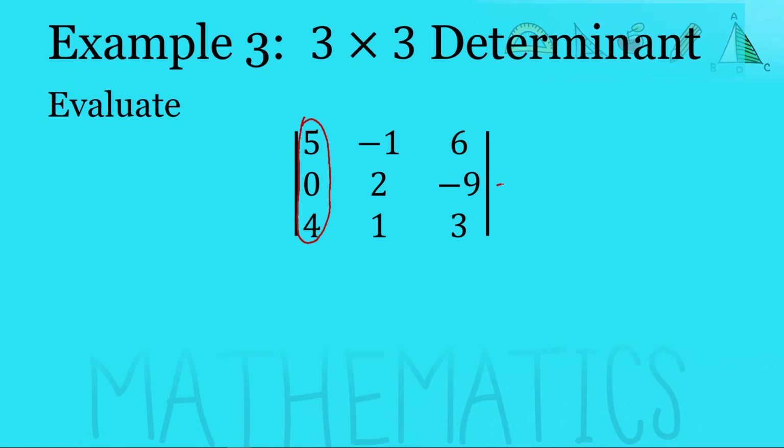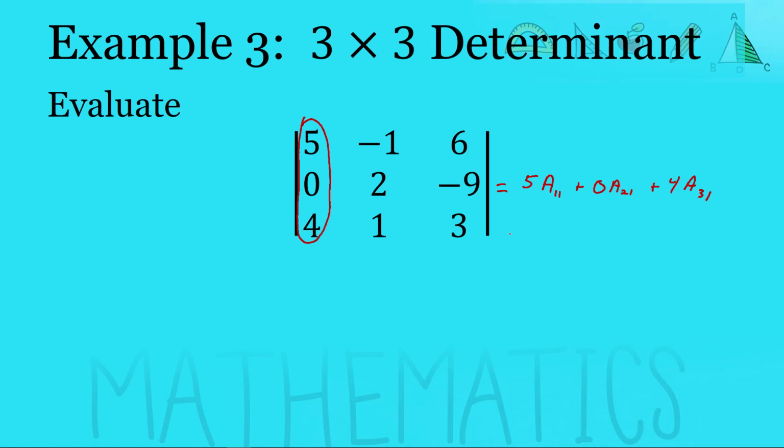So this is going to be equal to 5 times the cofactor at that location, which is A11, plus 0 times the cofactor at that location, and we don't really care what it is, because whatever it is times 0, it's going to be 0, plus 4 times the cofactor for that location, that's going to be A31.